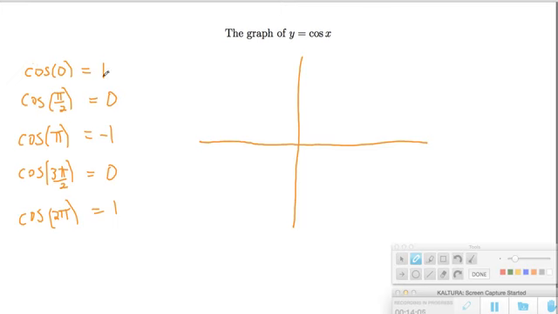We're going to treat the input of the function like the x and the output like the y. So we're really looking at x values of 0, pi over 2, pi, 3 pi over 2, and 2 pi. All right, so let's draw the graph.